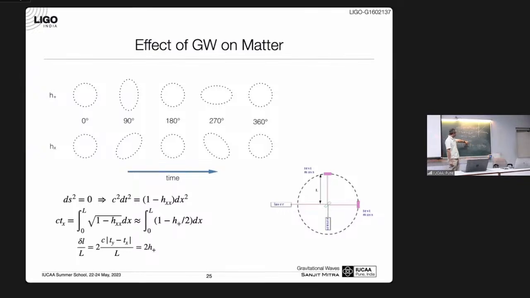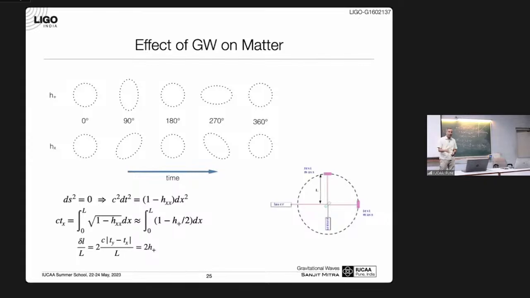The other thing you could argue is that here I have written all this, but h plus could be dependent on x and t. Okay, because I am just saying that this is a constant. We'll come back to that. Let us assume momentarily that it's a constant. But we are far away from the source, right, and you are sitting on a wave.